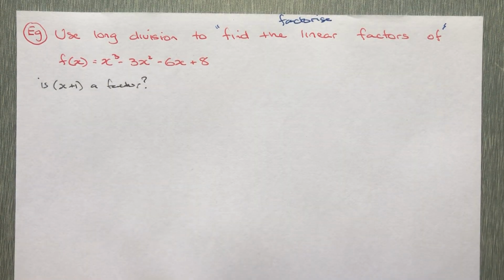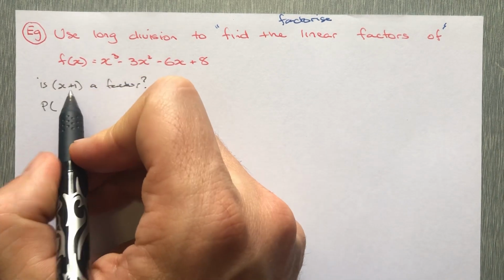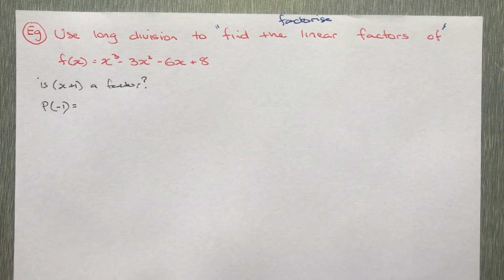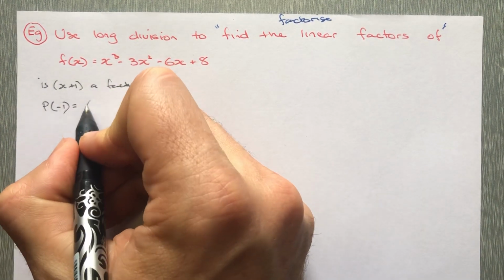Now, the way I find that out is I need to use my factor or remainder theorem. So, instead of plus 1, I need to put in minus 1. Now, if this ends up coming at an answer of 0, that means that x plus 1 is a factor. Let's see what happens.